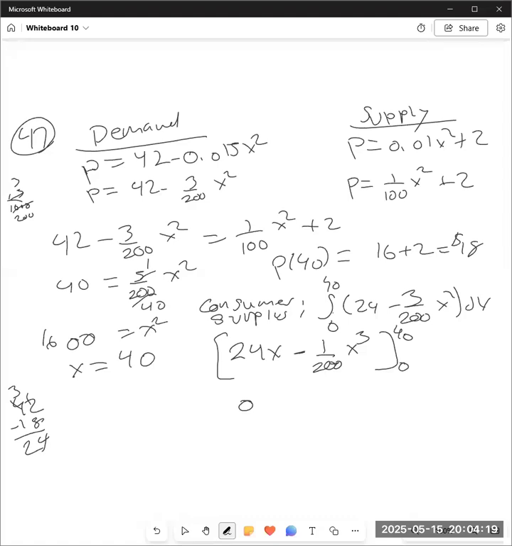That's 960 minus 1/5 times 1,600, which is 320. 960 minus 320 is 640.